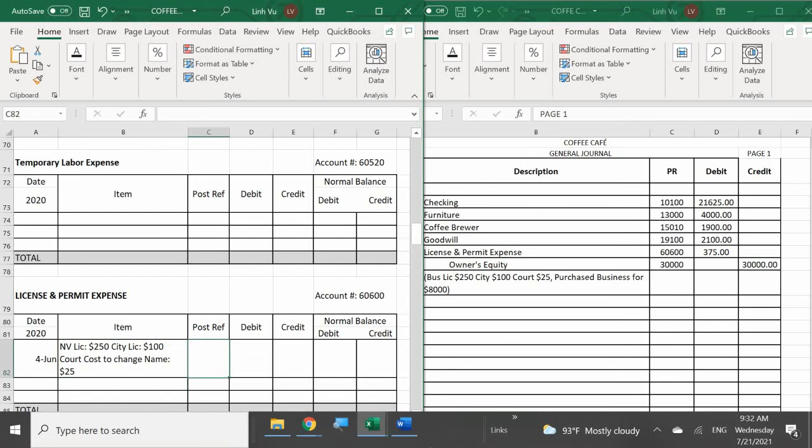Separate them. Say that again? Can you separate them? You can. You can if you want to, but at the end of the day, they're all going into the same account. Okay. In this case, I want to save some journal space, and I also want to save just space in general. So all of these were purchased, right? Even though they were purchased separately, they all fall under the same category or the same account.